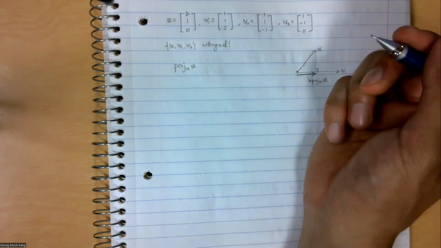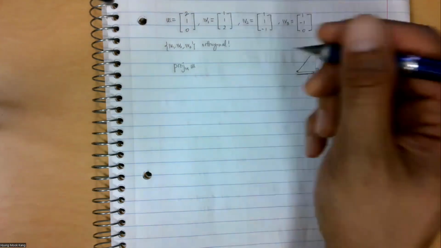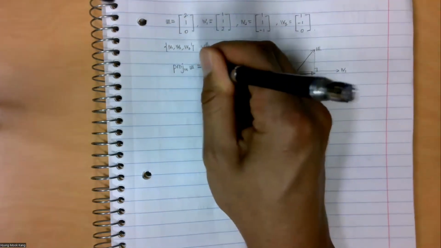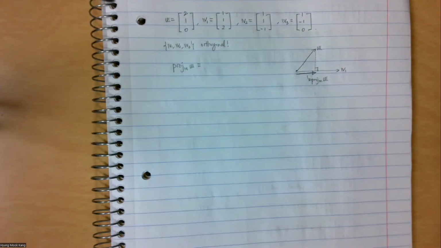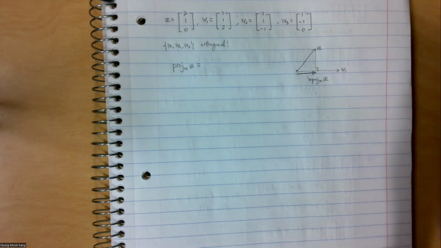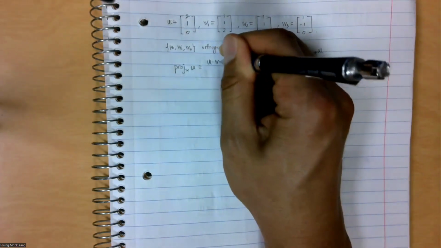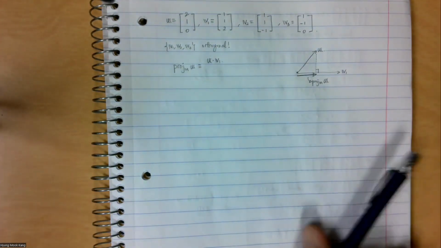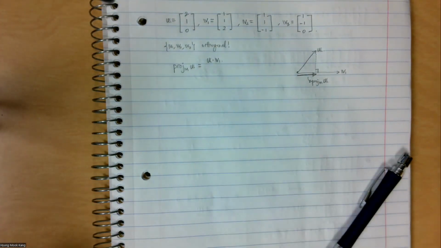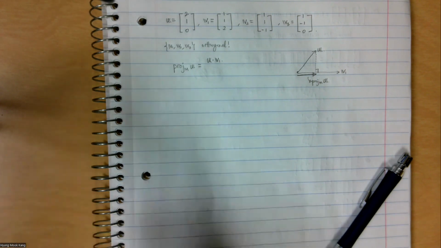So project sub V1 of U. Let's think about this one. Let's think about the inner product of U and V1. The inner product of U and V1 is the length of U, times the length of V1, times the cosine of the angle between them.